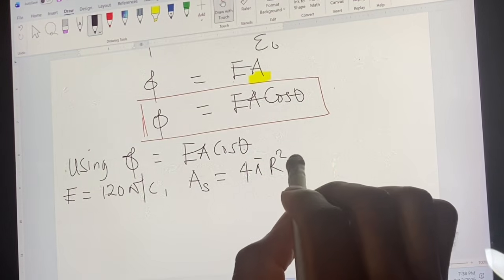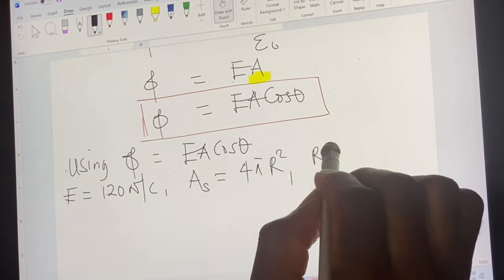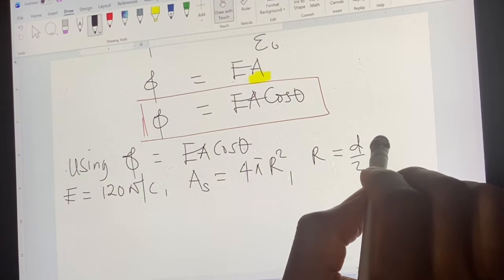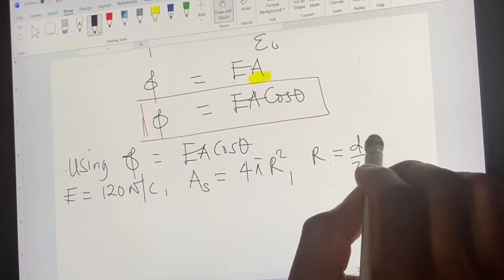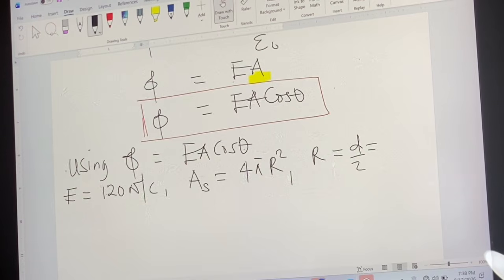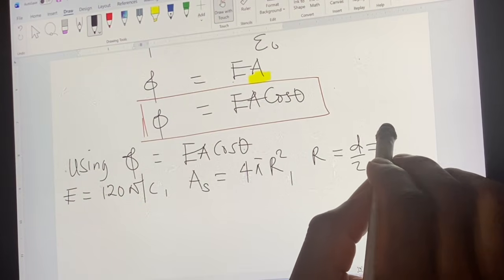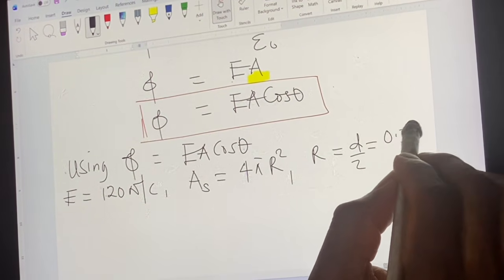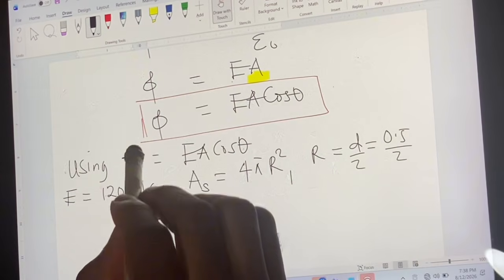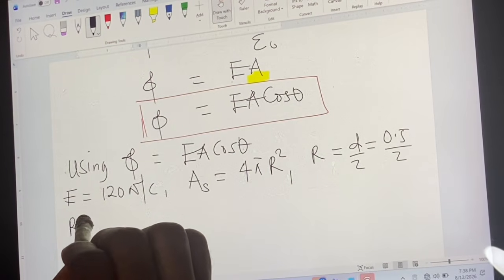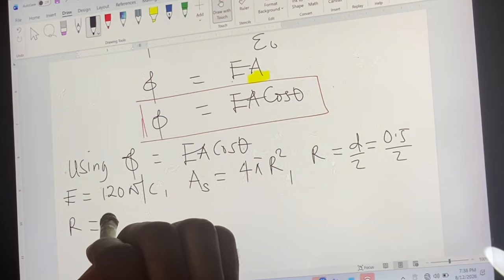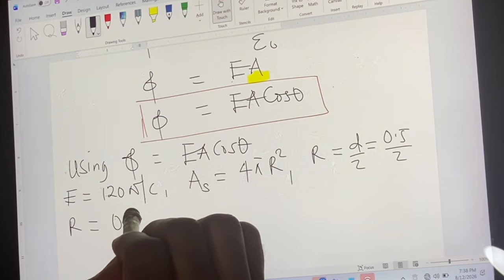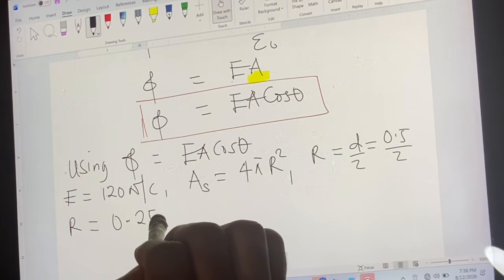Radius is equal to d over 2. The diameter is given as 50 cm. Converting 50 cm to meters, we have 0.5, divided by 2. So our radius here will be equal to 0.25 meters.